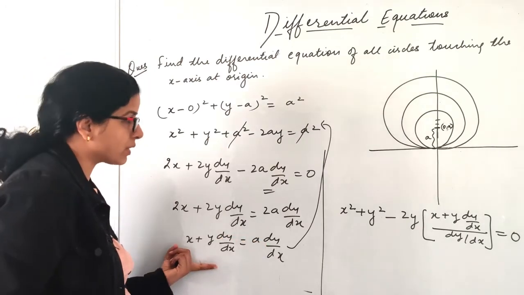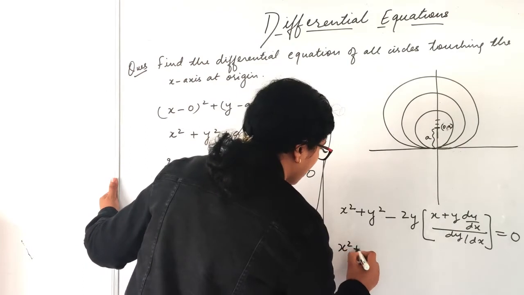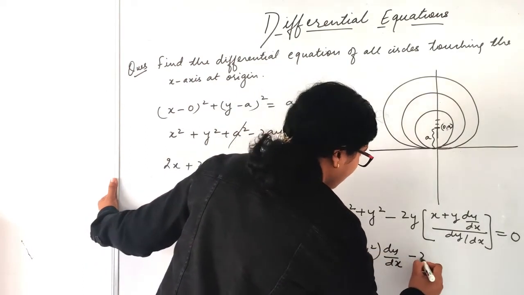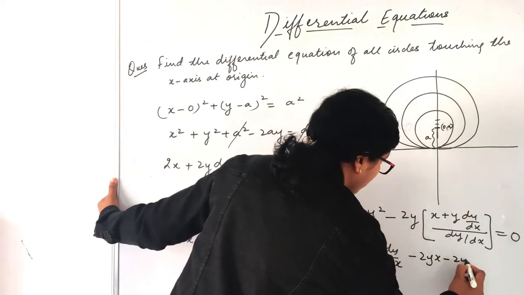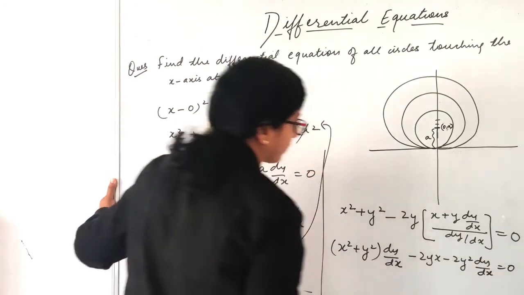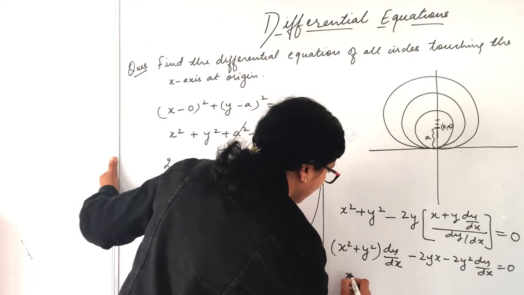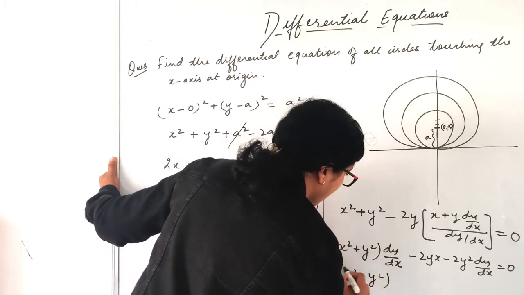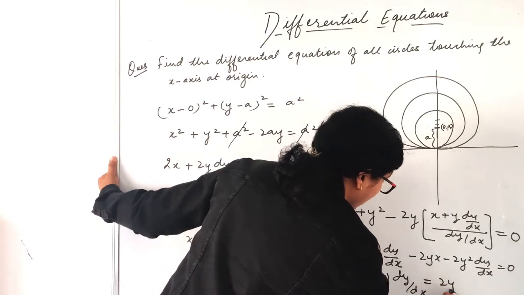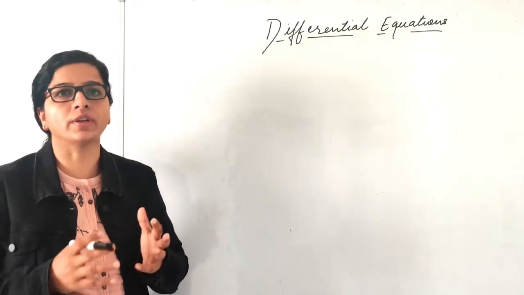So this dy by dx will go down. So basically I am getting here x square plus y square dy by dx minus 2yx minus 2y square dy by dx equals to 0, correct? So what I am getting here? I am getting here (x square minus y square) dy by dx equals to 2yx. That's all.